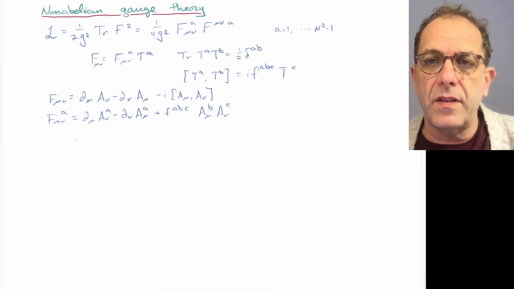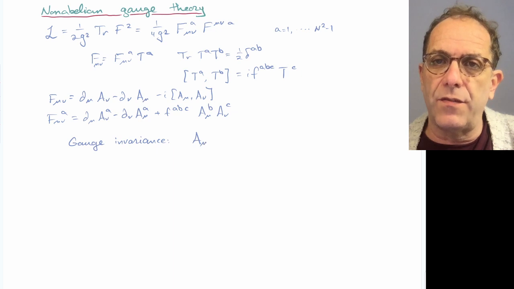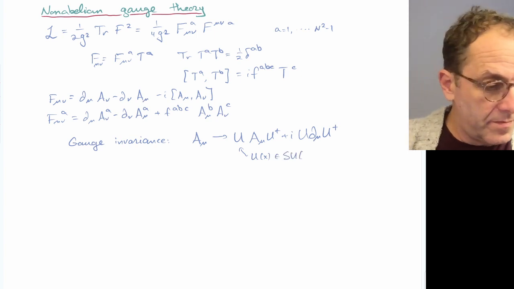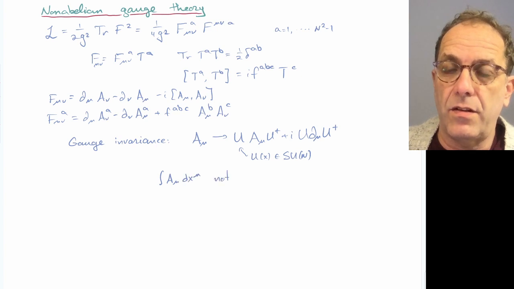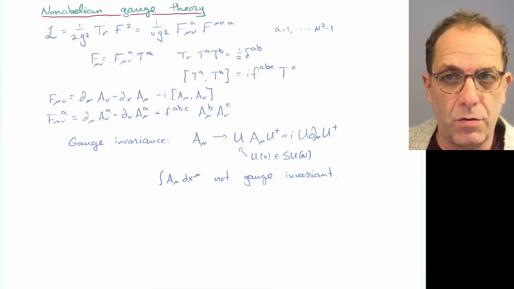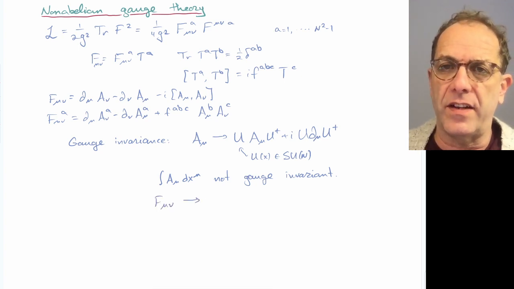And of course, gauge theories have a gauge invariance where A mu transforms in the adjoint plus this derivative term, and U are space-dependent elements of the group G. In the non-abelian theory, the integral of A mu is no longer gauge invariant, and its exponent is also not gauge invariant. Also, the field strength is not gauge invariant.